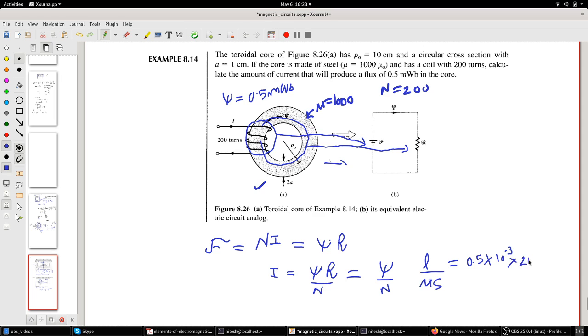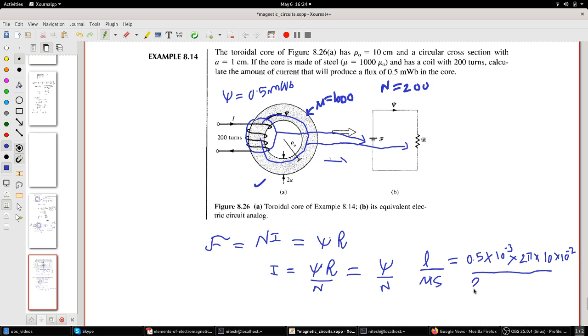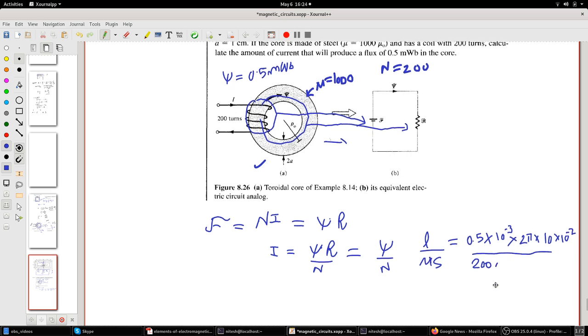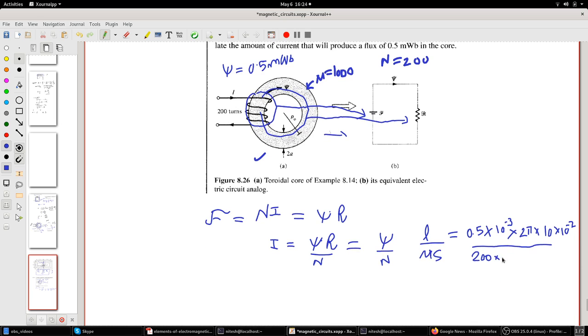So 2 pi into 10 into 10 raised to minus 2, divided by N, which is 200, into mu, which is 1000 mu 0.